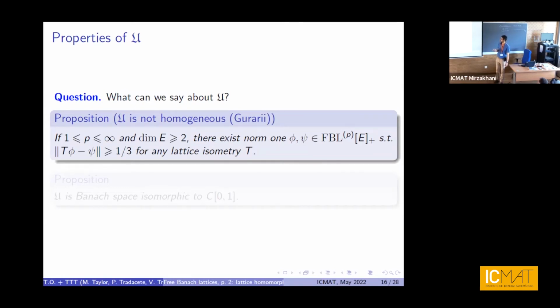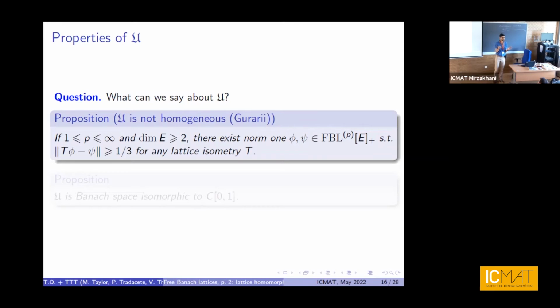But this is a general fact about the free Banach lattices, because for any E and any p, we can always find two positive norm one elements in this free Banach lattice, so that for any lattice isometry T on this free Banach lattice, the image of one will be far from the other.